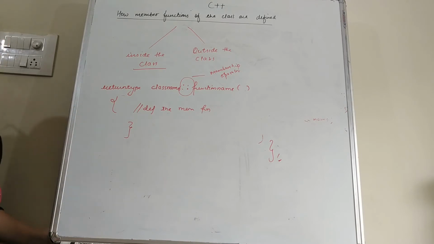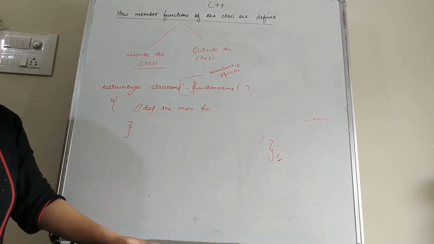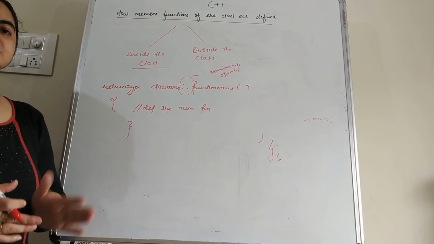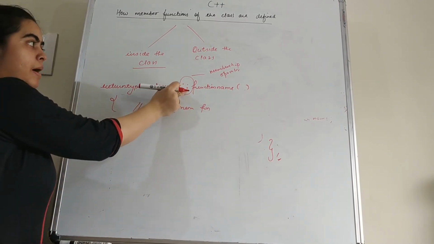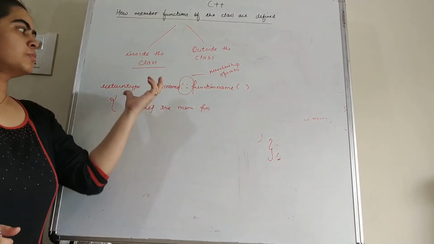So in multiple classes there is a chance that the function names we are using are the same. So in order to distinguish which class those functions belong to, we have to use this membership operator. So this membership operator will tell which class this function belongs to.